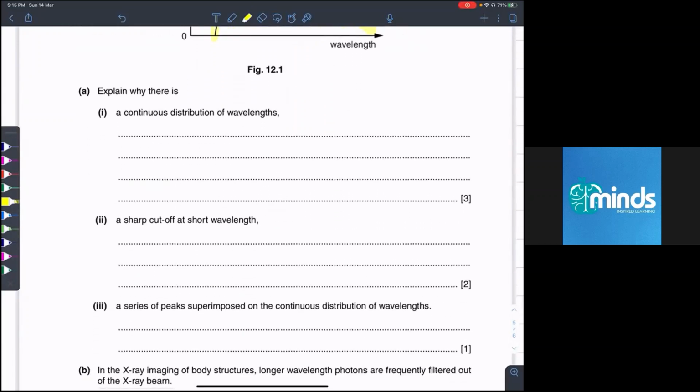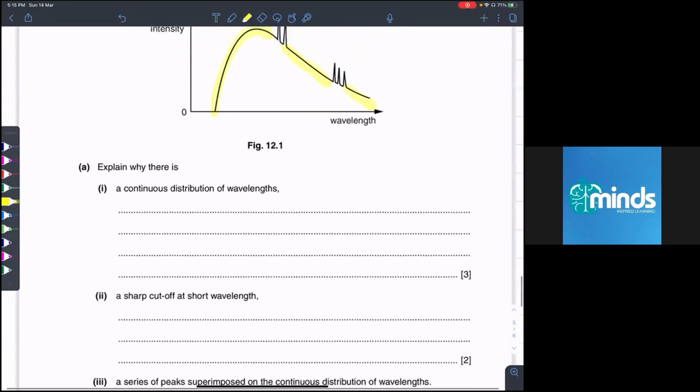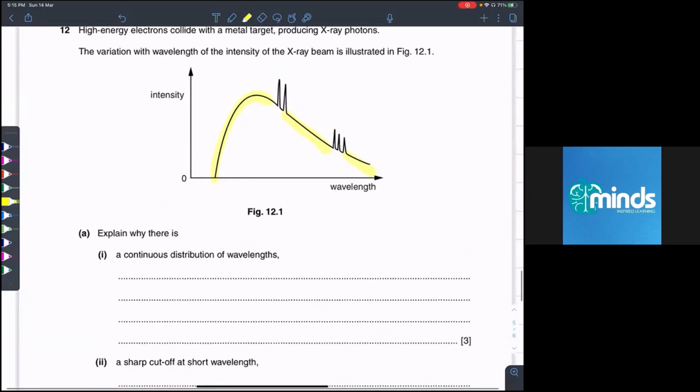A sharp cutoff at short wavelength. Now, when they are talking about a sharp cutoff at shorter wavelength, what was the cutoff? This is the point where the electron will give all of its energy, or the electron will stop in a single collision.